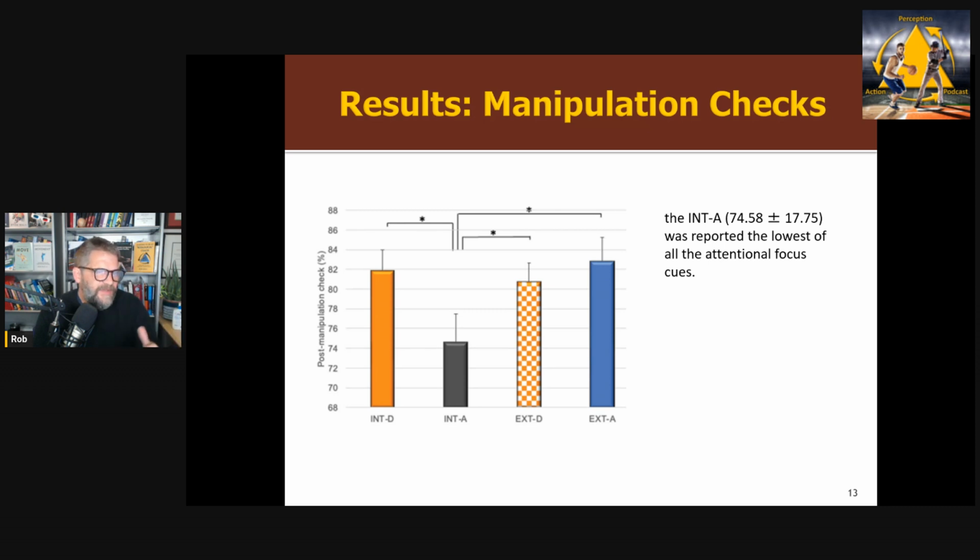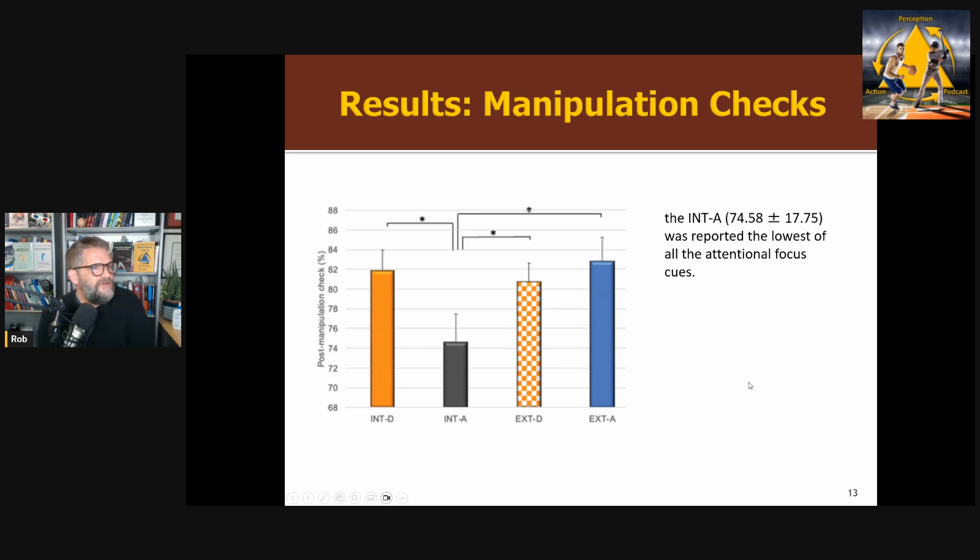Because the internal cue they gave them was kind of irrelevant to performance, right? So landing with bent knees, that's not going to affect how far you throw the ball, right? So not surprisingly, people didn't really focus on that as much, right? Because probably they didn't feel it mattered as much as compared to the other cues.